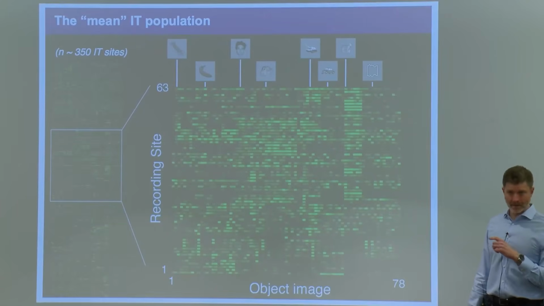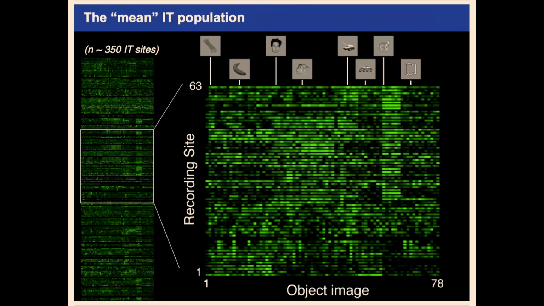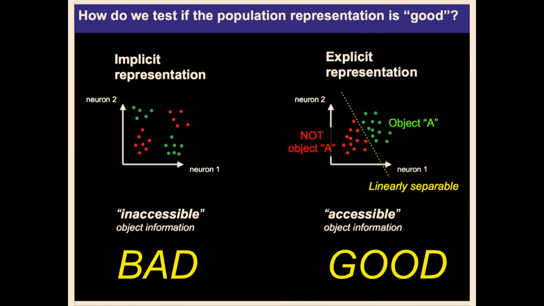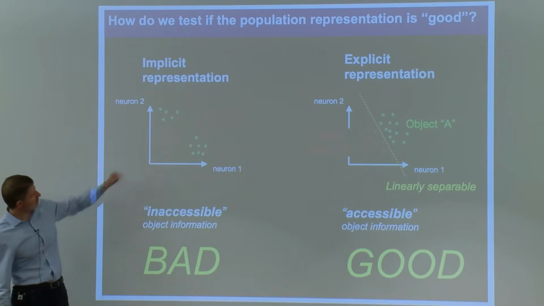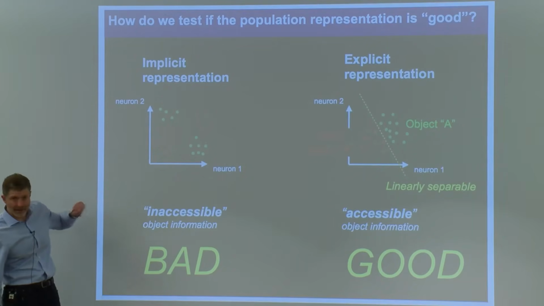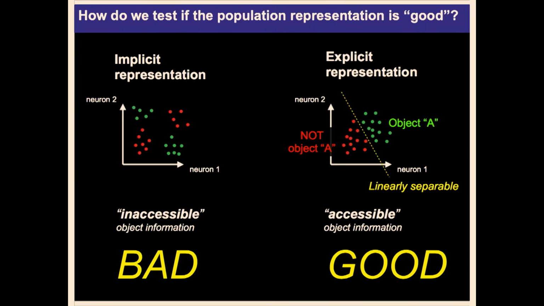Okay? Different images are different points. And the question is whether we're dealing with an implicit representation. So this would be an example where the green points correspond to one object and the red points correspond to another object. And here they're a little bit intermingled, right?